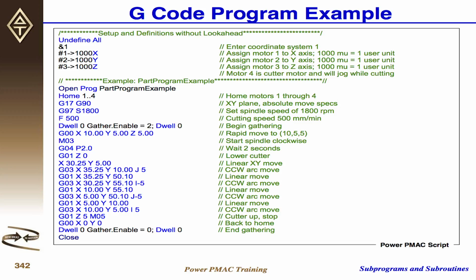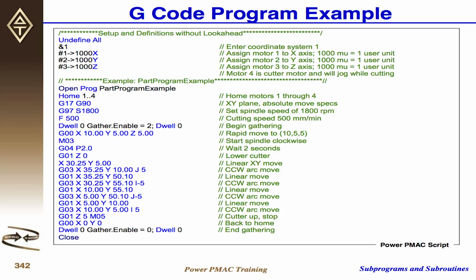So you just gonna jog it. In your part program, you home all the motors first, bringing the machine to a starting position, and see G17, G90. So you're choosing your plane, XY plane, and you're putting in the absolute mode.